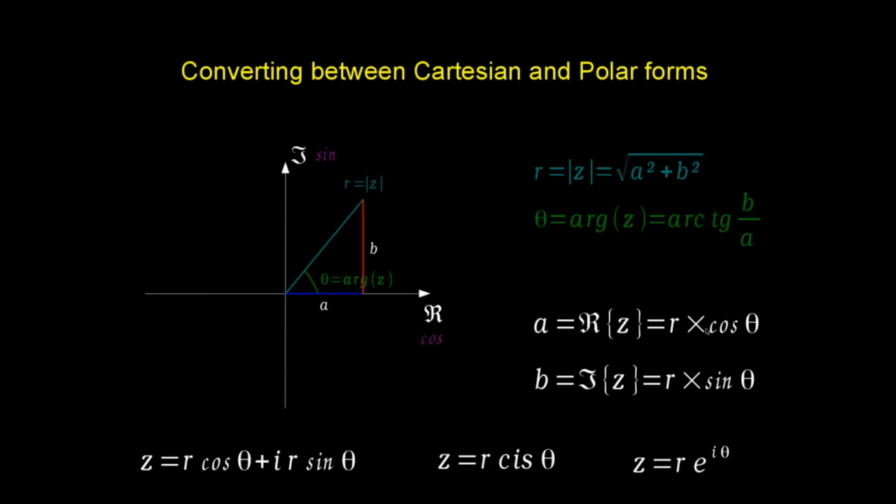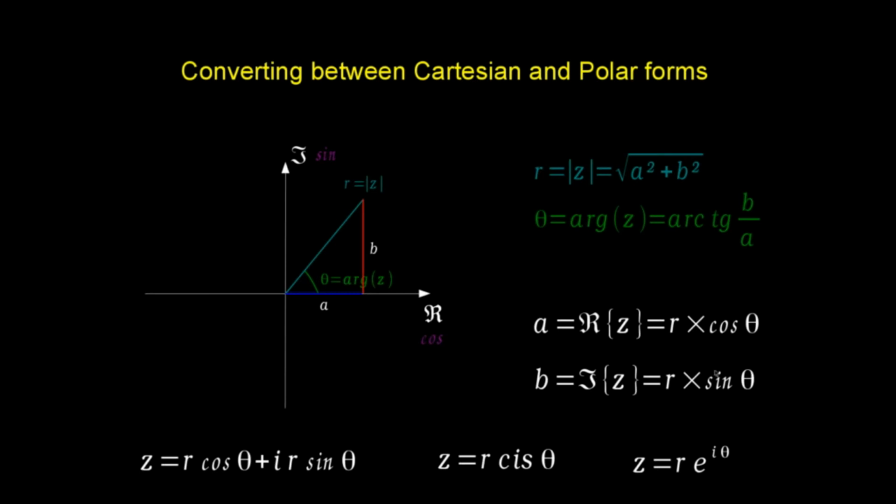So we have here a equal to r times cosine theta, and if we put this r on the other side of the equation, we have cosine theta equals a divided by r. So it is the adjacent side divided by the hypotenuse. Very simple.